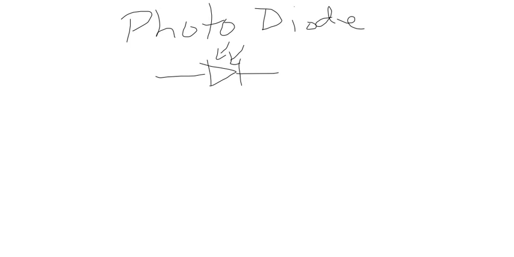And the way it works, let's see. There you see the rays of light going into the diode.